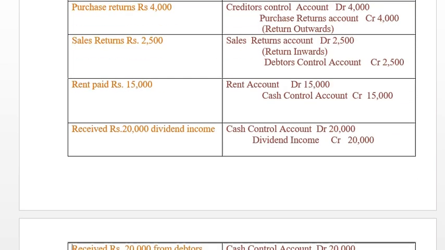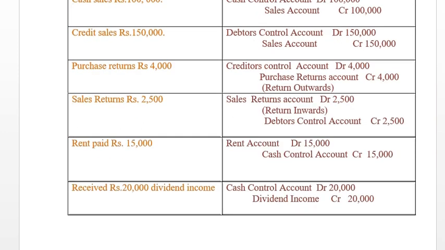Here, look at the next one. Purchase returns 4,000. How to record that? Due to purchase returns, expense will decrease. Normally purchase means expense, no? So if it is returns, expense will decrease.